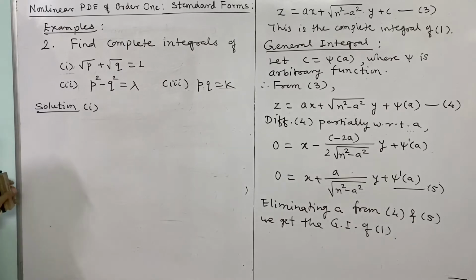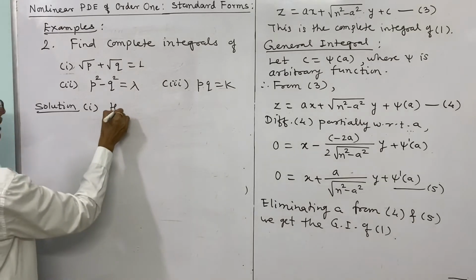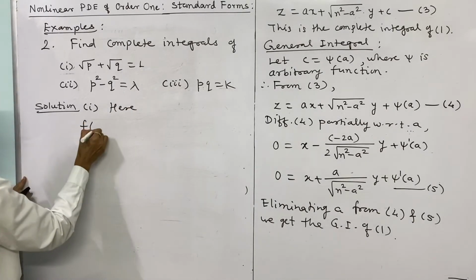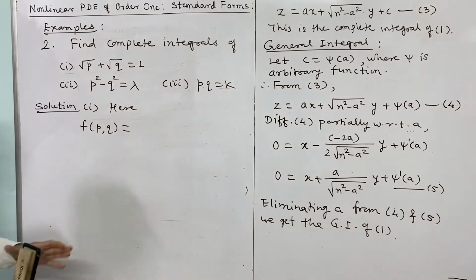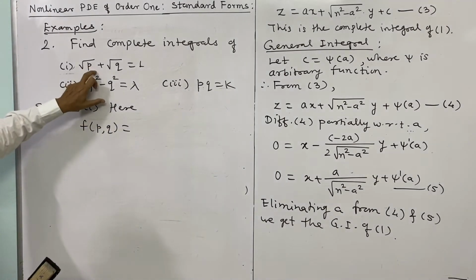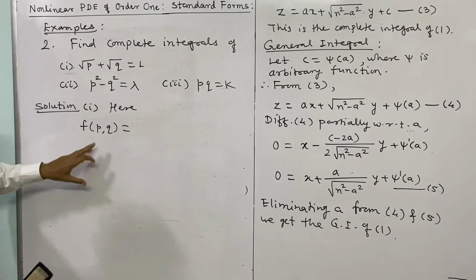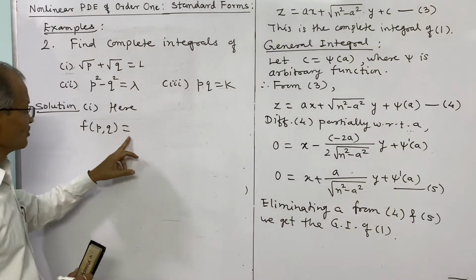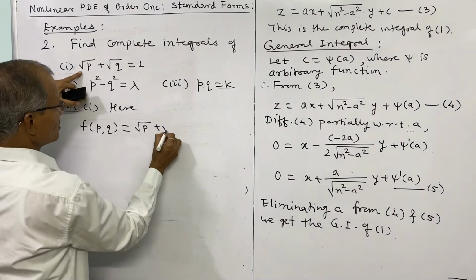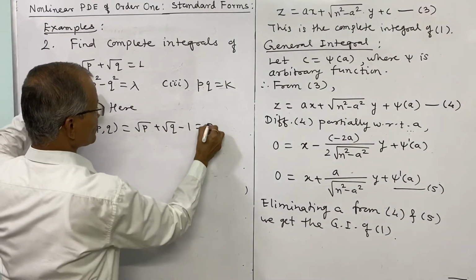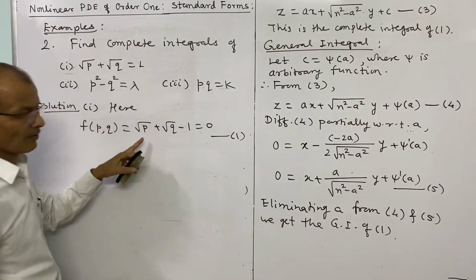See, this is the given equation here. We have to first observe the form of the function of p and q, whether it is in the standard form 1. What is standard form 1? F of p and q is 0. Now this can be written as root p plus root q minus 1 is equal to 0, which is of the form 1.